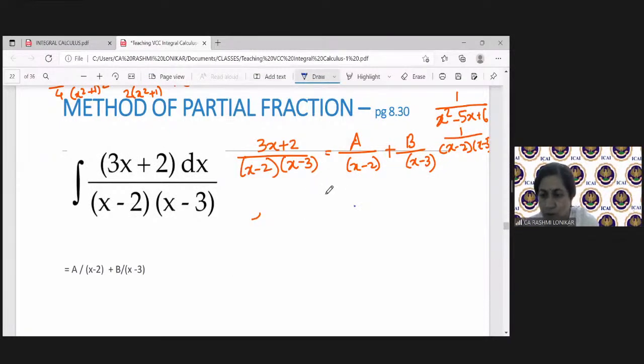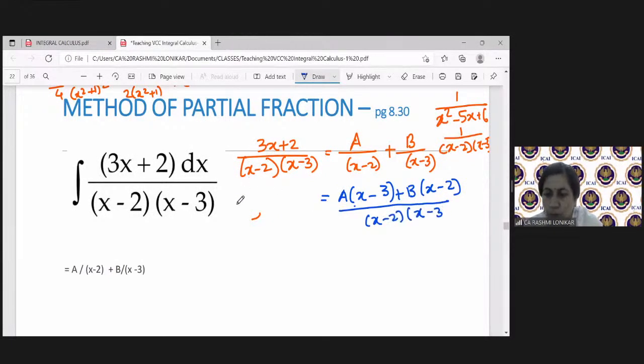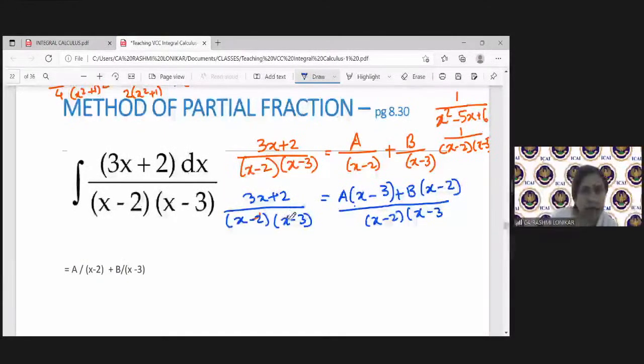Now once I cross multiply, what will happen? This is equal to A(x - 3) plus B(x - 2) upon (x - 2)(x - 3). What do I have on the LHS? 3x + 2, and the denominator is (x - 2)(x - 3). You can see the denominators are both the same.